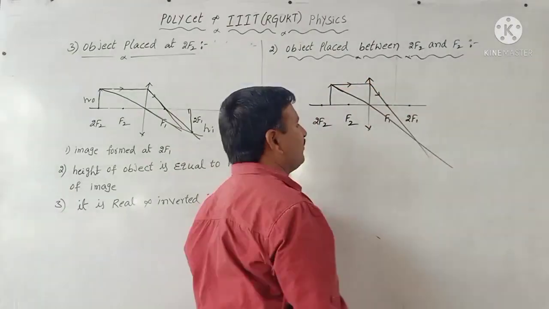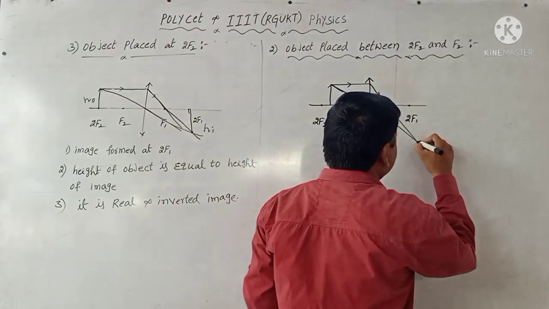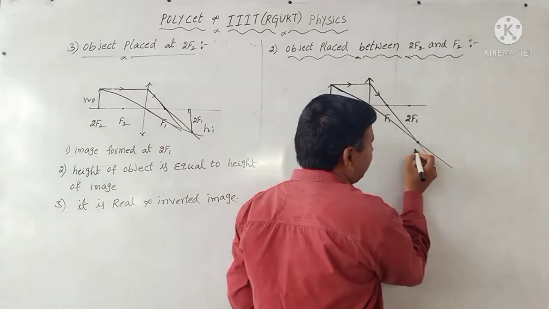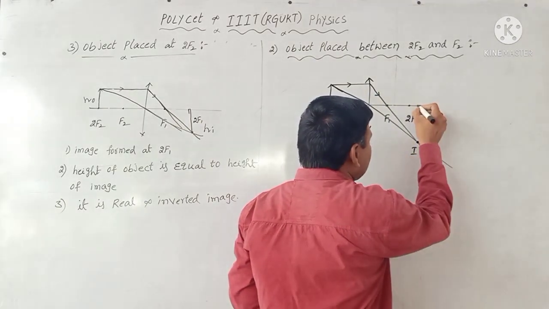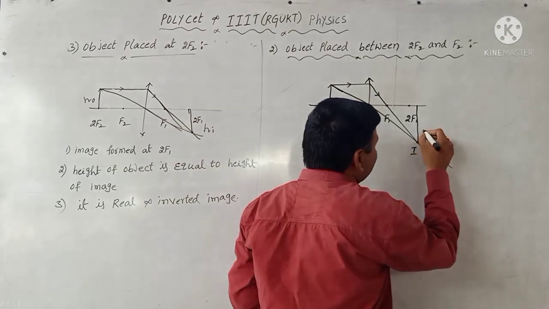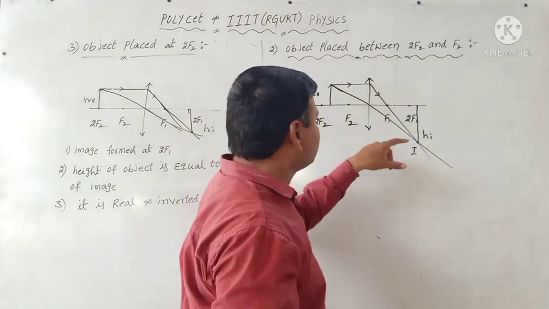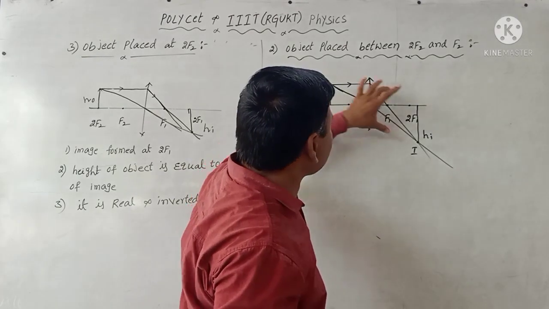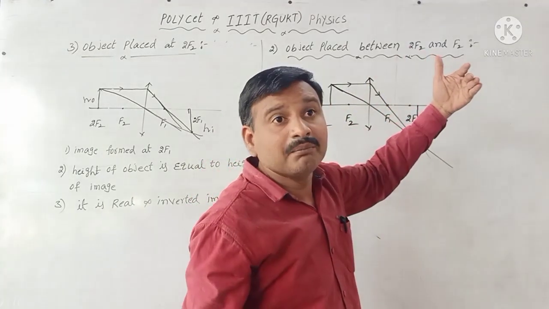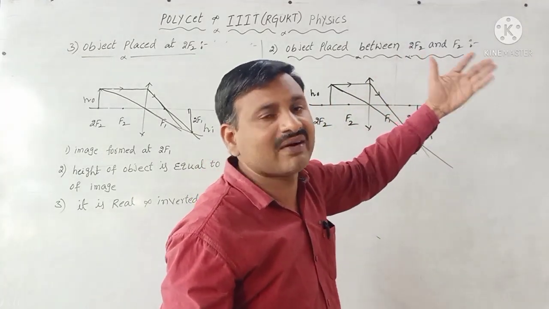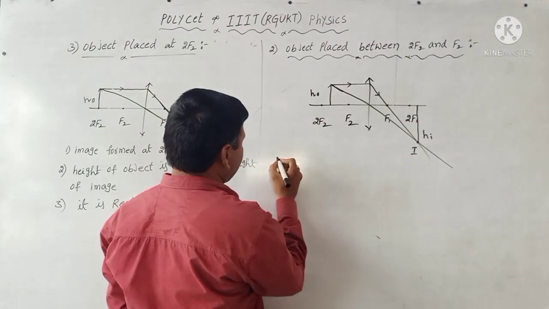It is undeviated. Where the two lines intersect, it is the image, and it is the height of image. It is the height of object. Compared to the height of object, the height of image is very big. Big means magnified. So where is the image formed?